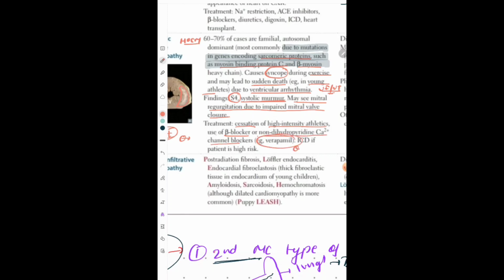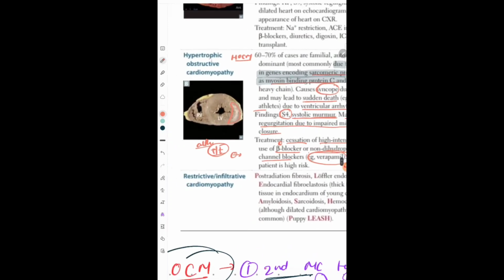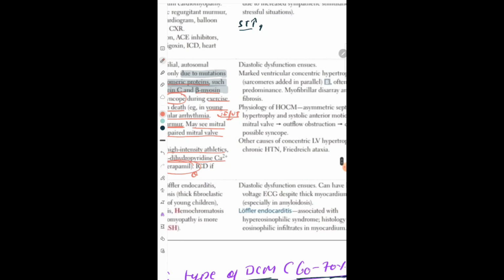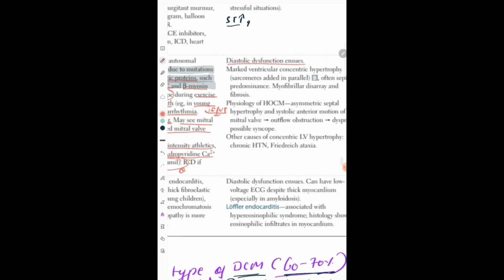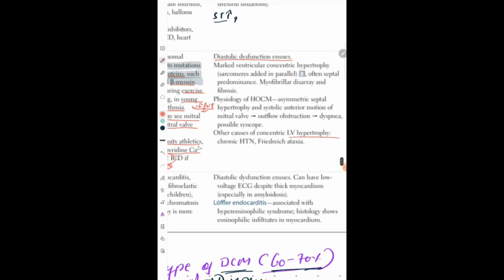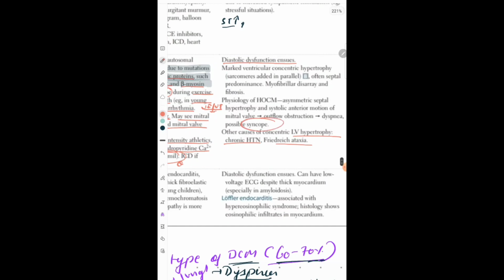These are the two questions: beta blocker and verapamil are used in HOCM. Here diastolic dysfunction is seen. The patient presents with left ventricular hypertrophy, chronic hypertension and Friedreich ataxia, and the most probable presentation is syncope. The patient gives a history of dyspnea and is hypertensive. That is why we are going to treat the hypertension of the patient as well.